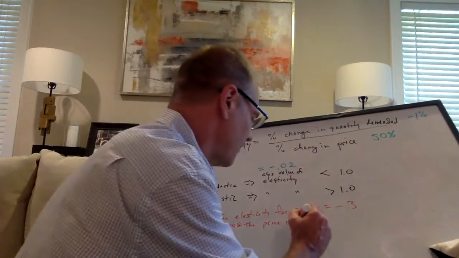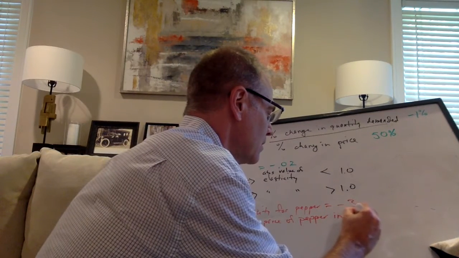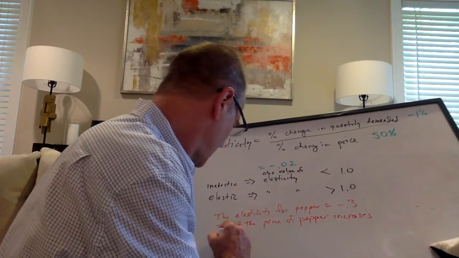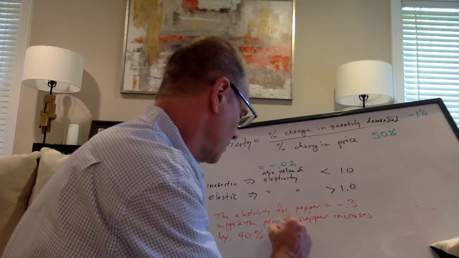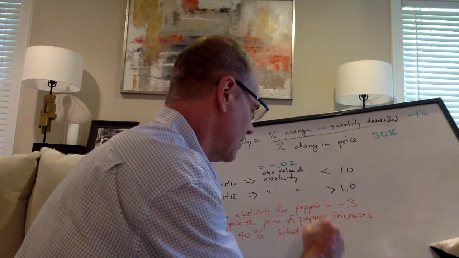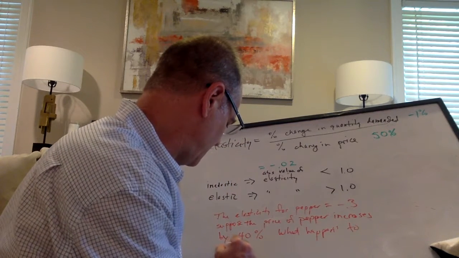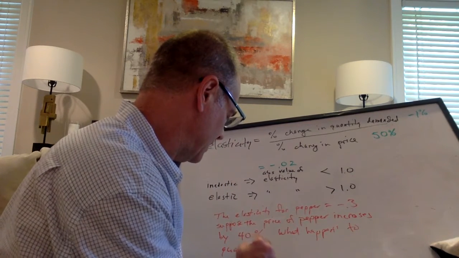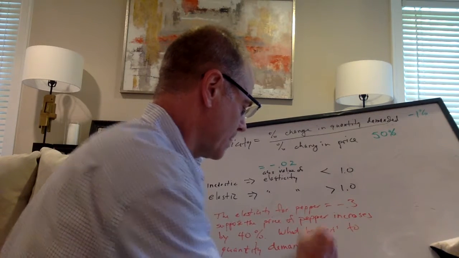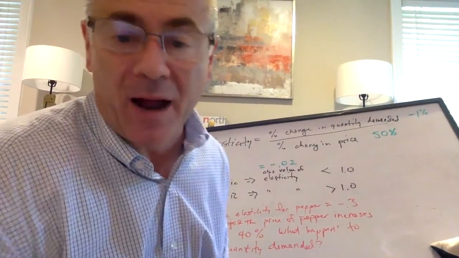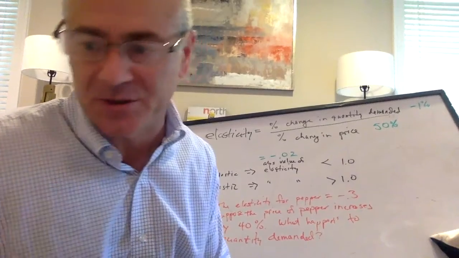Suppose the price of pepper increases by 40%. What happens to quantity demanded? That is, by how much will Tim's quantity demanded of pepper increase or decrease?